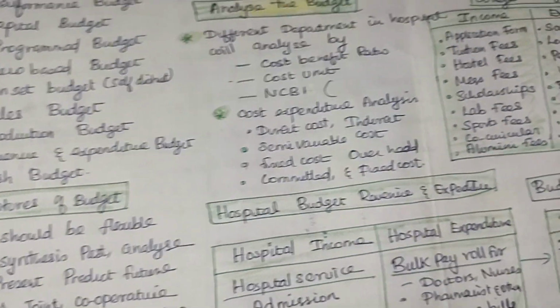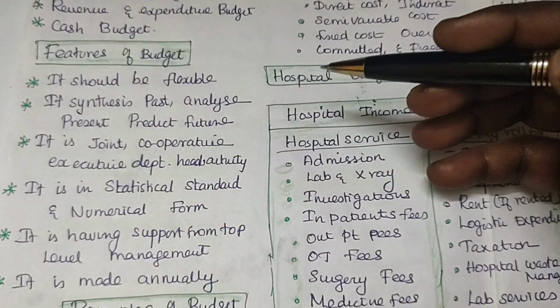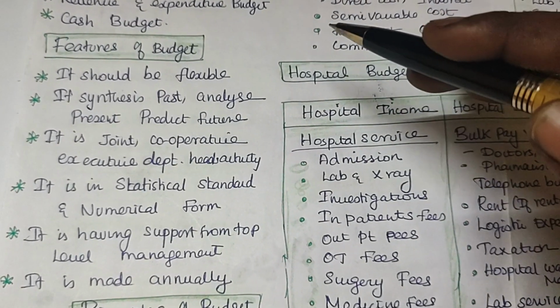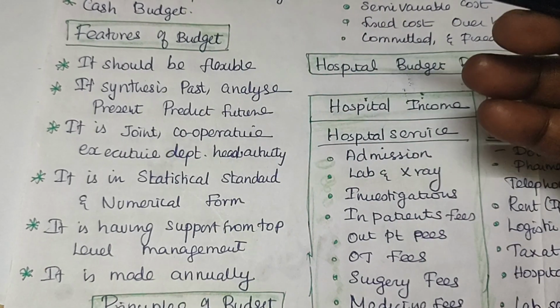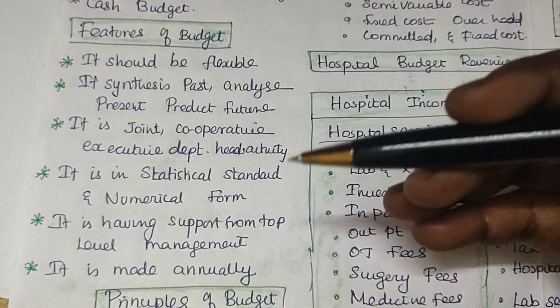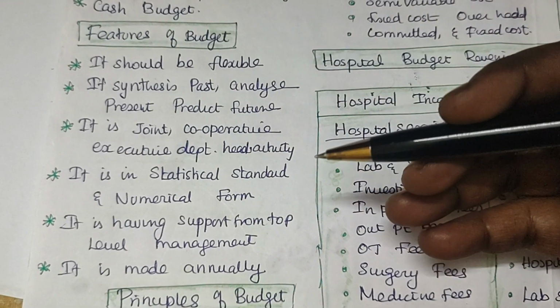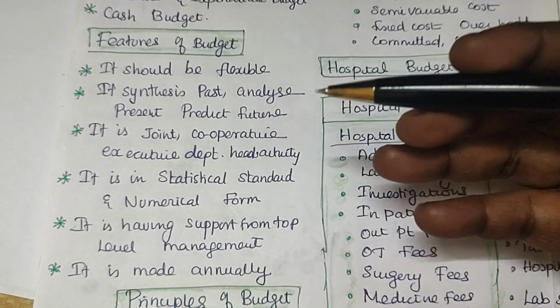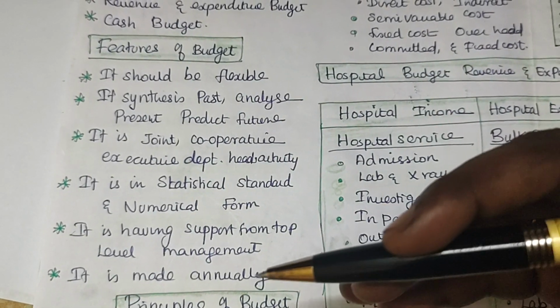Before you make a budget, you should understand the features of a budget. The budget should be flexible. As I told you, it synthesizes the past, analyzes the present and predicts the future. It is a joint cooperative effort: the executive department, HOD and other authorities together must make the budget, but decision making is the heart of the budget, which the higher administrators take.